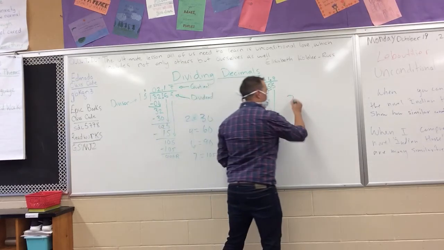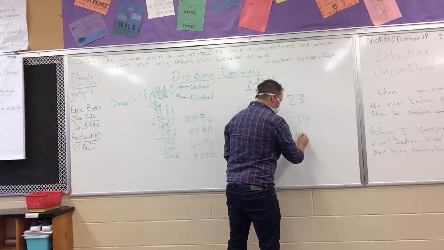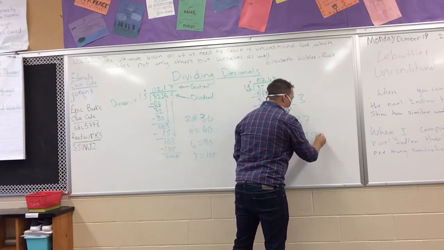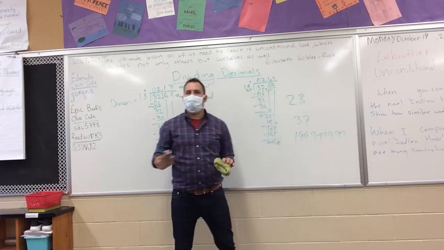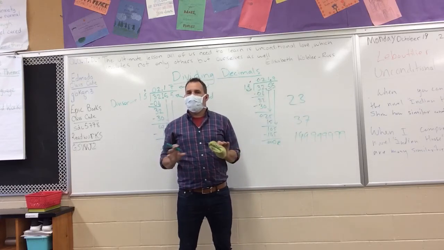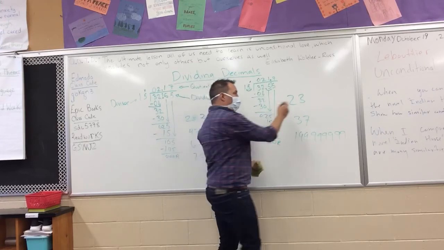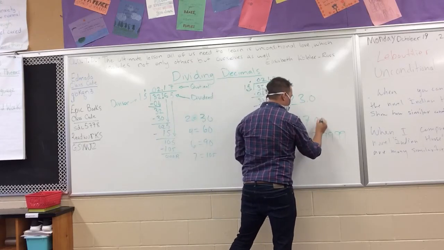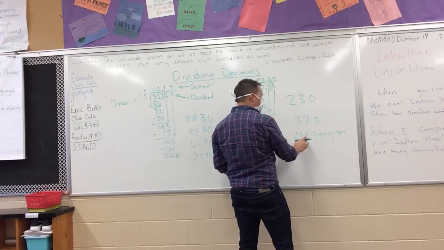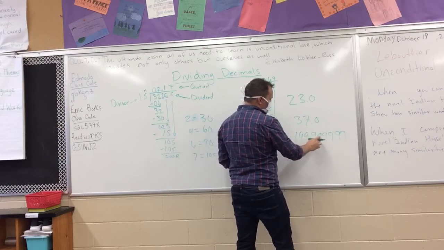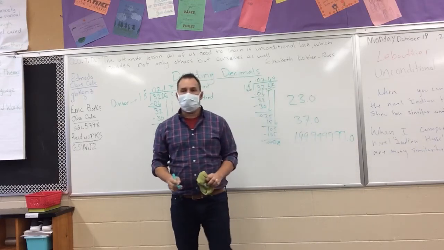It doesn't matter if the number is 23, 37, 199, 999,999. It doesn't matter what the number is. Every single number that we have is an actual decimal number. So 23 is actually 23.0, 37.0, 199,999,999 is actually just a decimal with decimal 0.